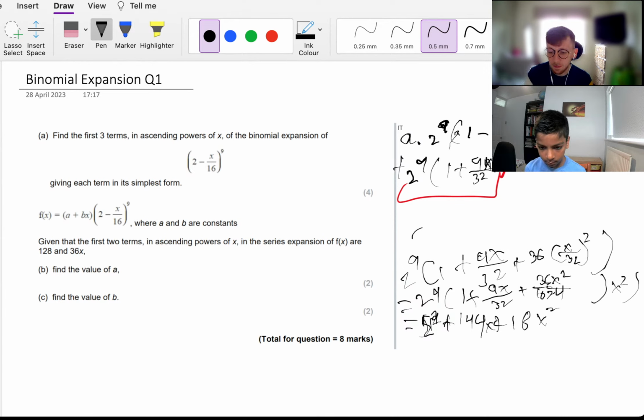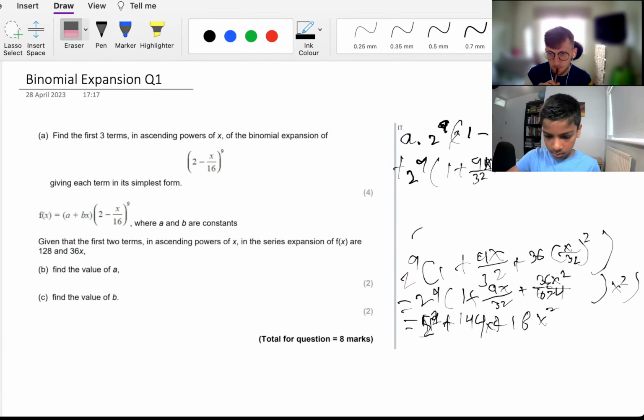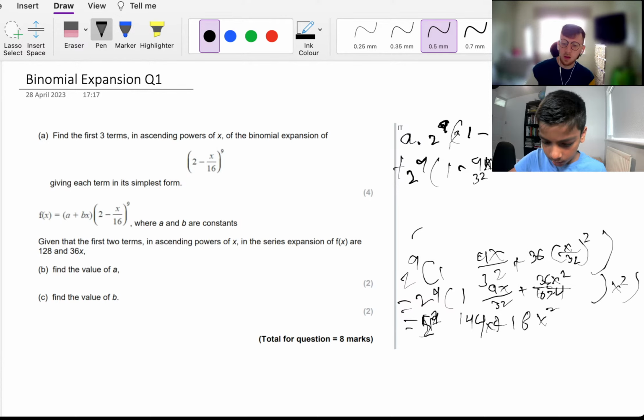But what was originally minus x over 16, you've changed it to plus. And all of that just changes to minus, minus, minus, minus, and minus. Okay.